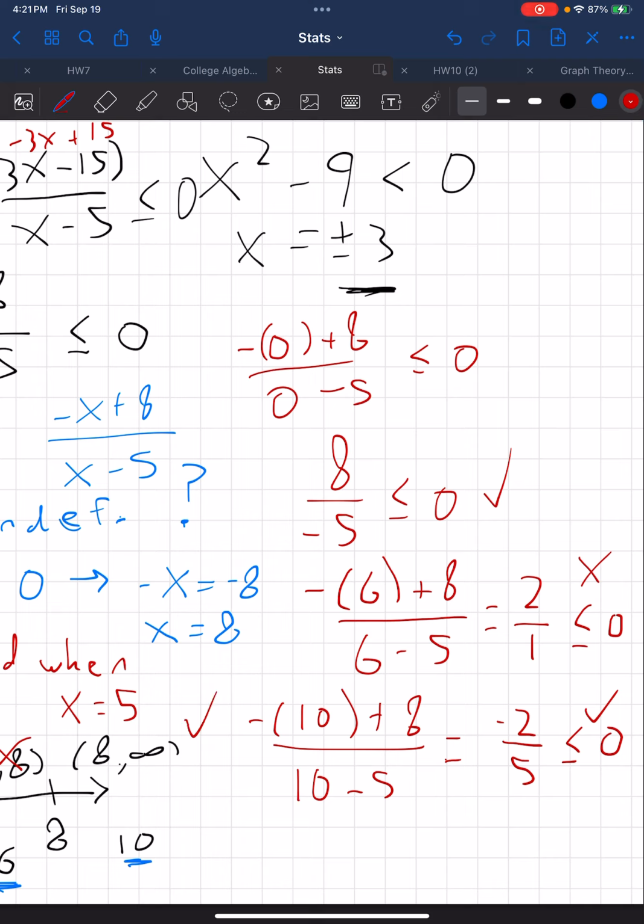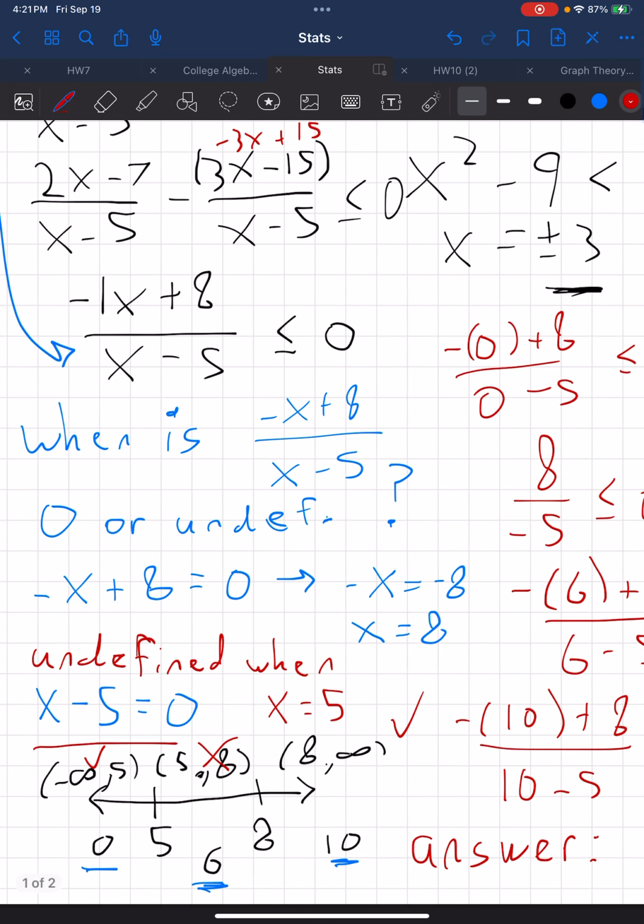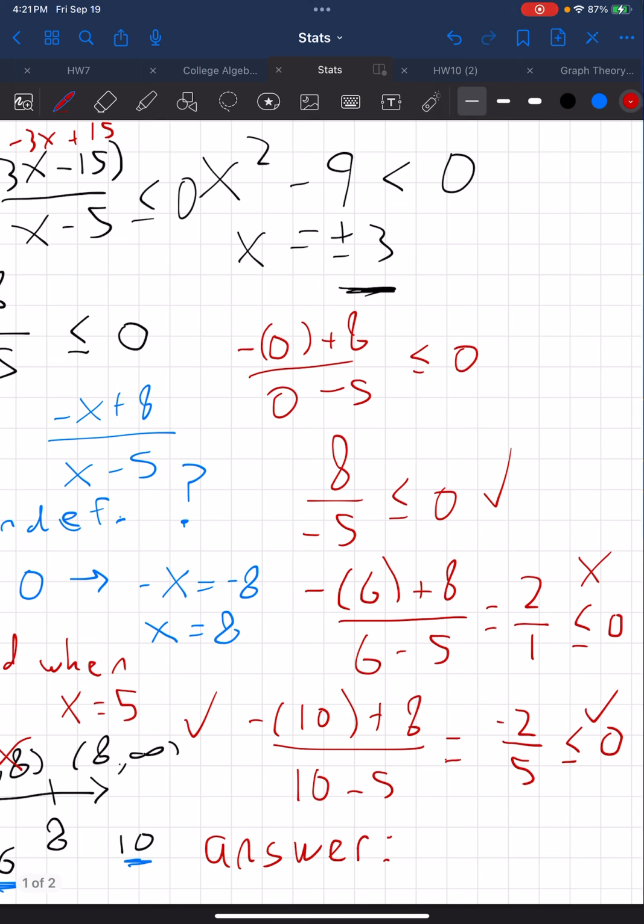So that interval is valid. So my answer here would be everything from those two intervals together. We did that example with the union in class: -infinity to 5 and 8, I ran out of room, to infinity.